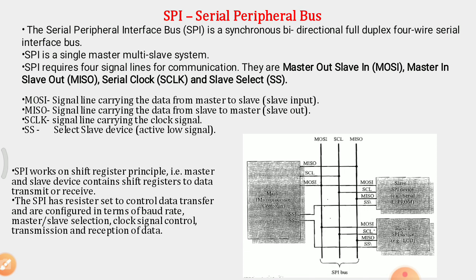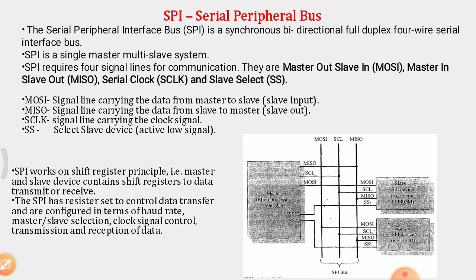Let us see the functions. MOSI. This is a signal line carrying the data from master to slave. So it is a wire which carries the data from master to slave, or it is also called slave input. MISO, master in, slave out.